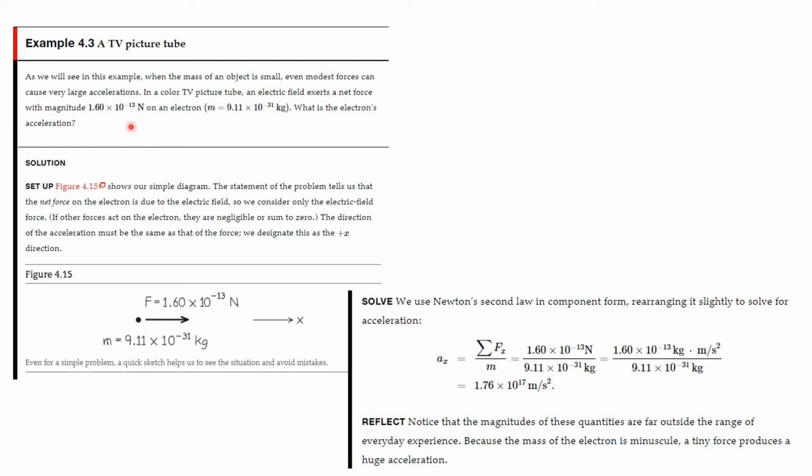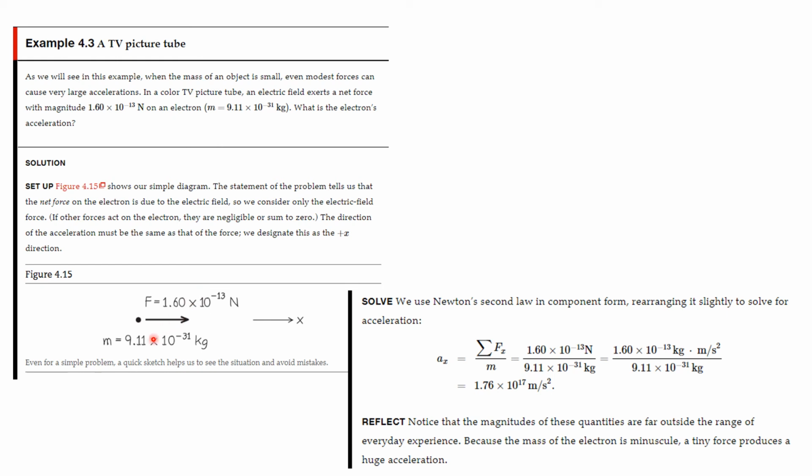Now that's not a big number, but this is acting on an electron which has a very small mass, 9.11 times 10 to the minus 31 kilograms. That's a real tiny mass. What is the electron's acceleration within that electric field?